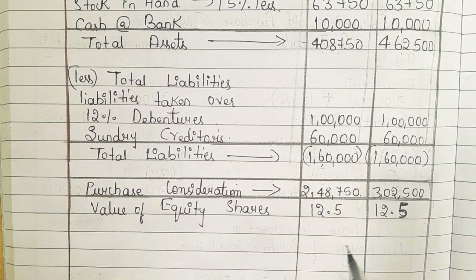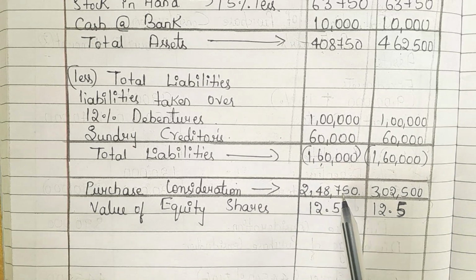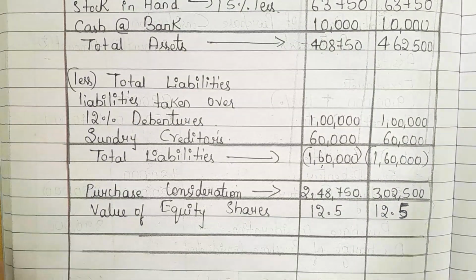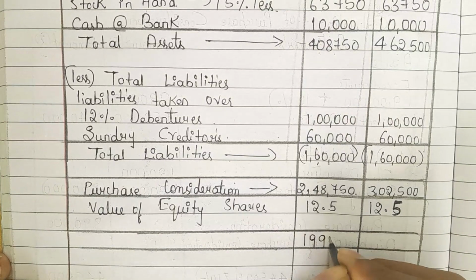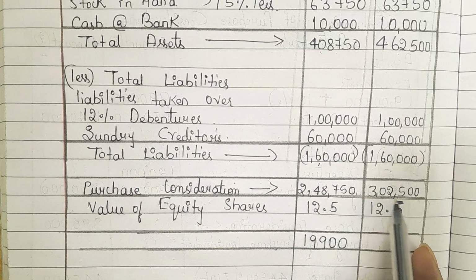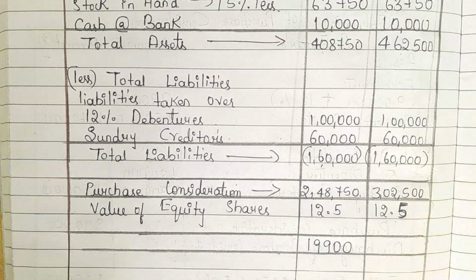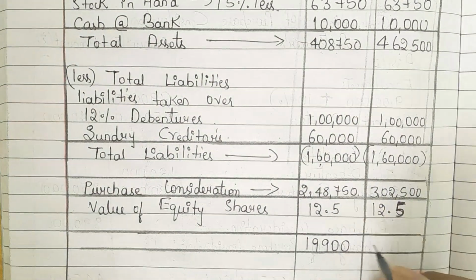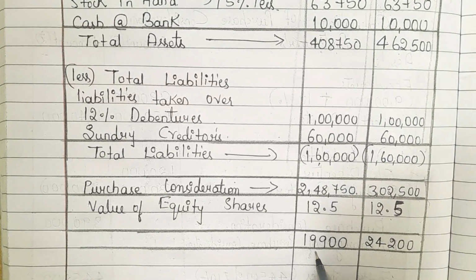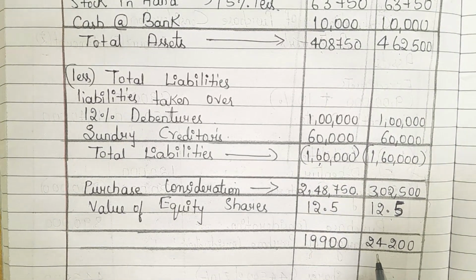So now divide 2,48,750 by 12.5. You will get 19,900. Then divide 3,02,500 by 12.5. You will get 24,200. What is this 19,900 and 24,200?